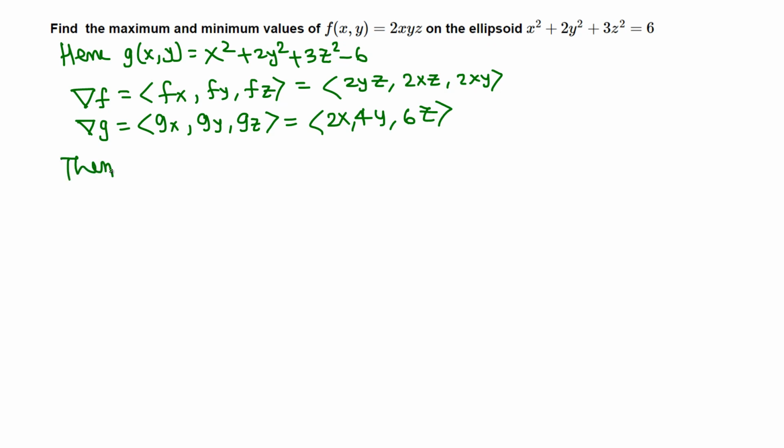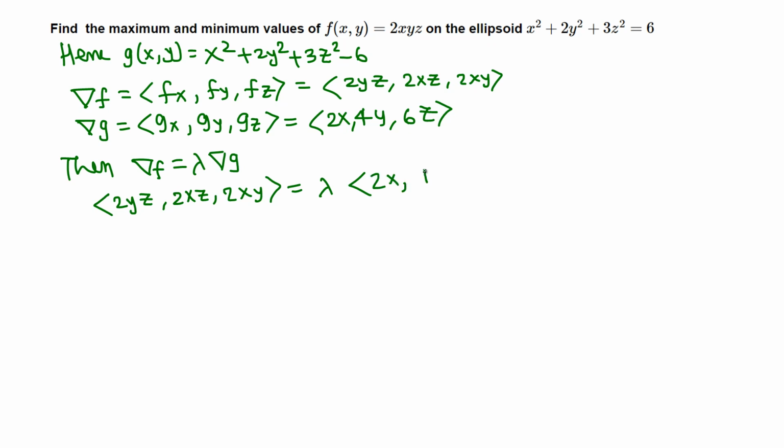Then we use the Lagrange multipliers. Del f equals lambda del g, which is in fact 2yz, 2xz, 2xy equals lambda times this 2x, 4y, 6z.